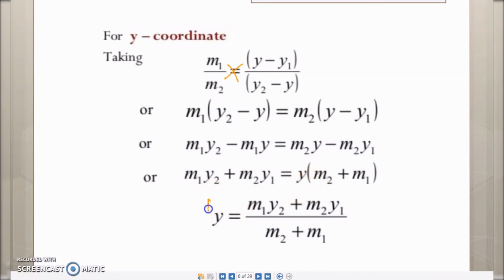This value of y is what you require. So y will be (m1 y2 plus m2 y1) divided by (m1 plus m2). So these are the values of the x and y coordinates in terms of the ratio and in terms of the coordinates of the other 2 points.